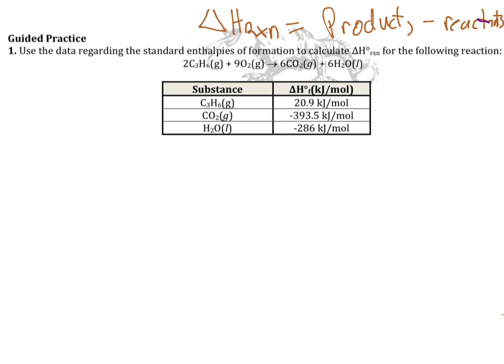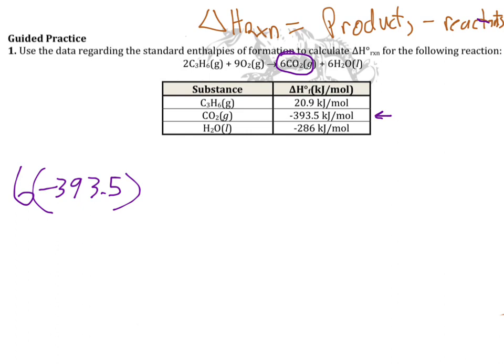reactants. And so right here, carbon dioxide has a heat of formation of negative 393.5. However, do you want to take a guess what we need to multiply that by? We need to multiply it by 6 because there's 6 carbon dioxides within this balanced chemical equation.